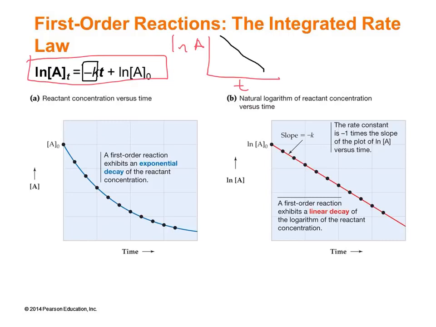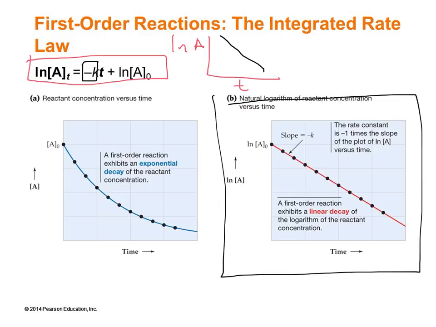This makes sense. After all, A is a reactant, and as a reaction progresses, the amount of reactant decreases because it's being consumed. So, on an exam, if you were asked what graph would represent a first-order equation, you would look for one that has the natural log of A versus time, and one that has a slope going down.